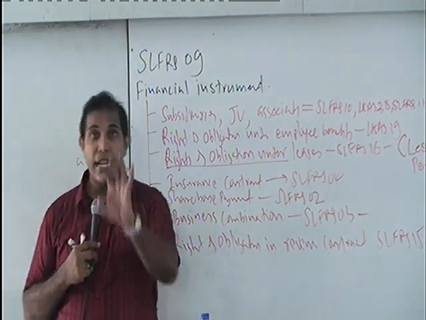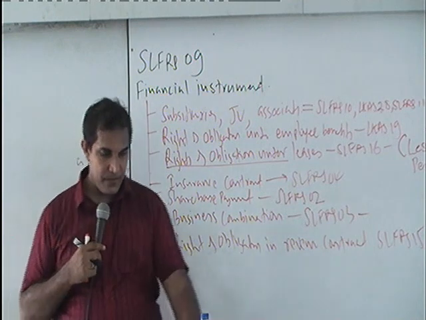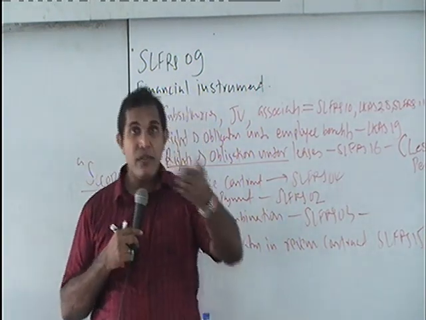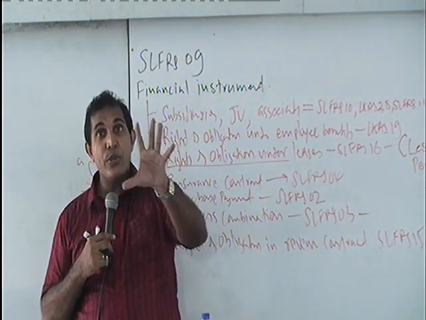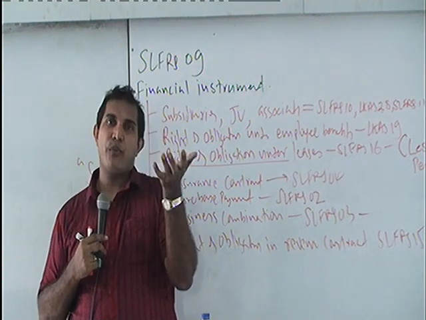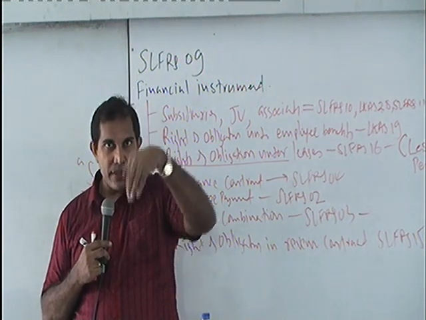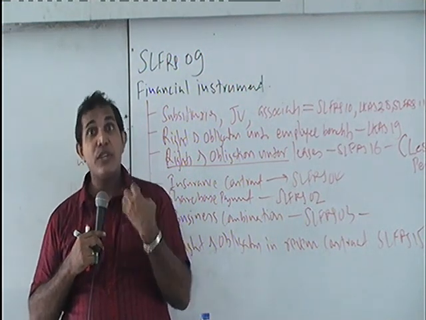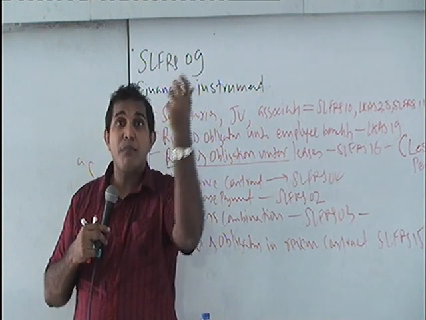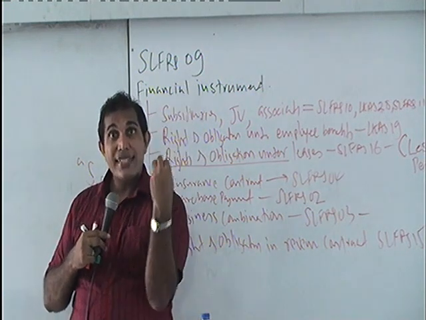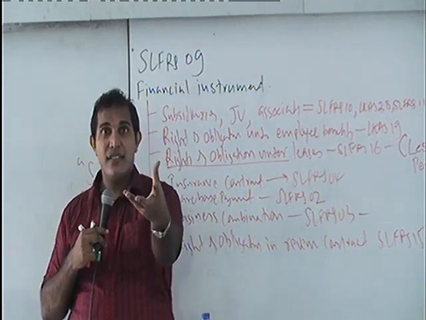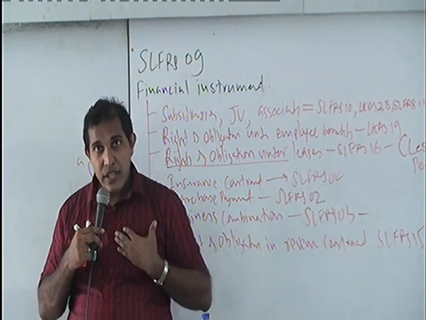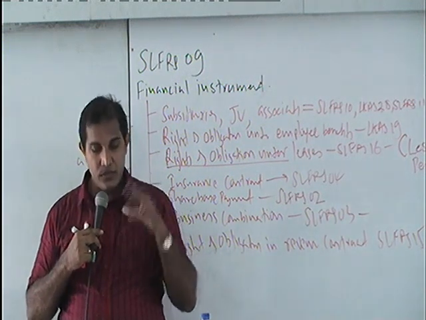Okay, highlight it. When I was explaining, I told you the objective of financial reporting. More or less a similar thing is mentioned here. So as accountants, we should provide financial information to the parties or stakeholders of a business. That's the objective.